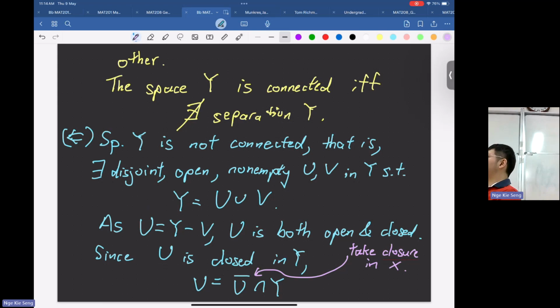Okay, so since U is closed in Y, we can write U as the closure of U in X intersect Y, the subspace topology here. Does it make sense? Okay, now, U is closed in Y meaning what?